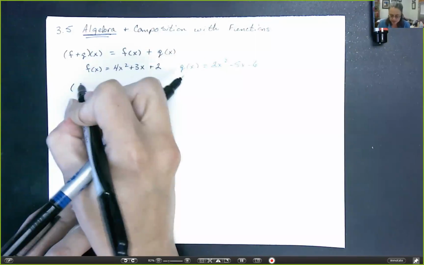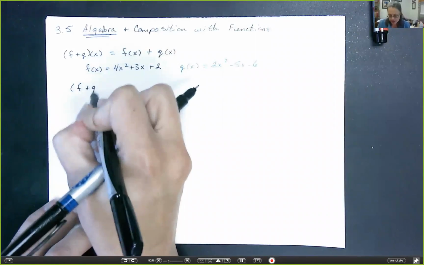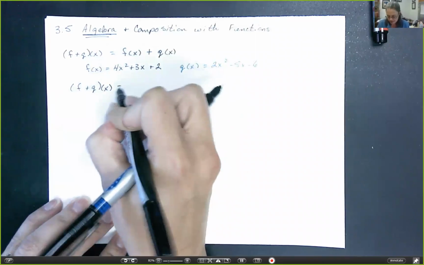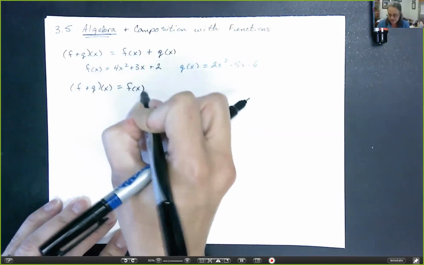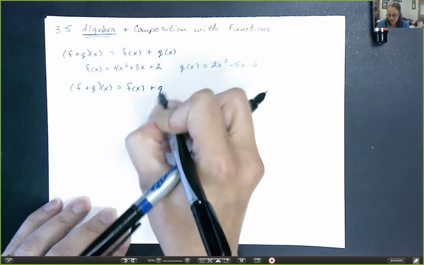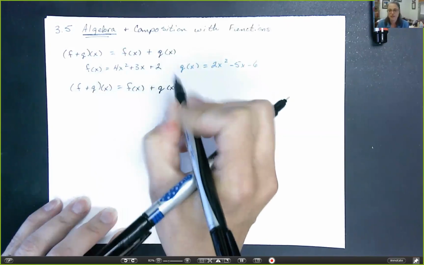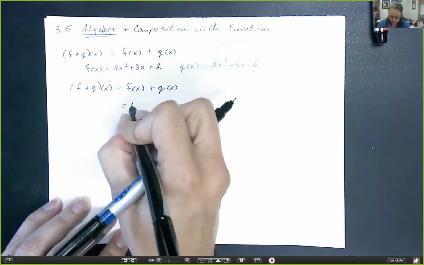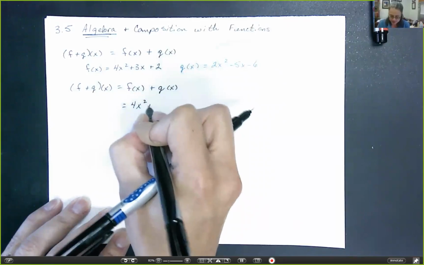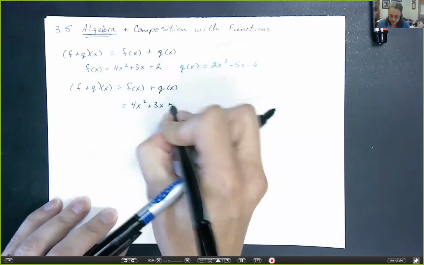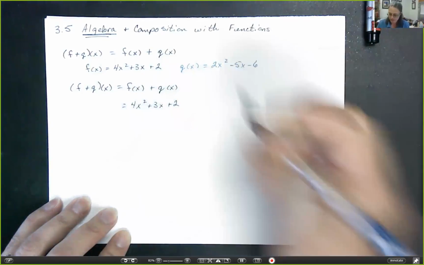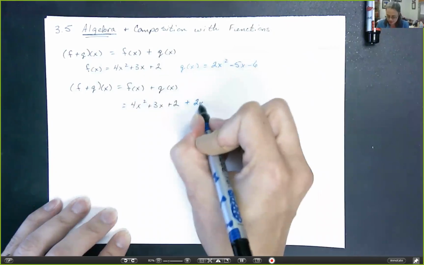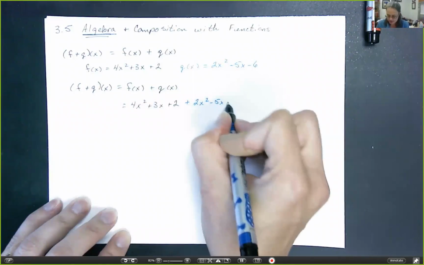Okay. f plus g of x. That's just another way of writing f of x plus g of x. But now we've defined f of x to be 4x squared plus 3x plus 2, and we've defined g of x to be 2x squared minus 5x minus 6.